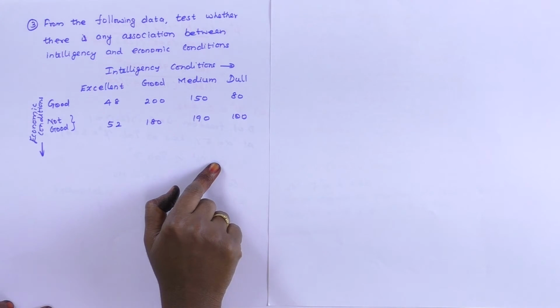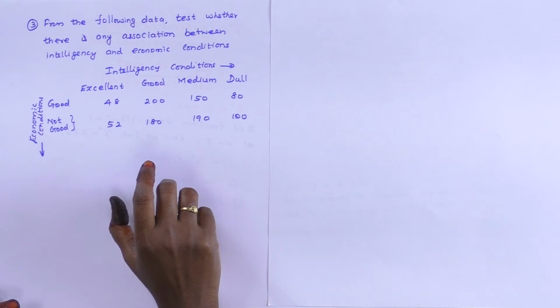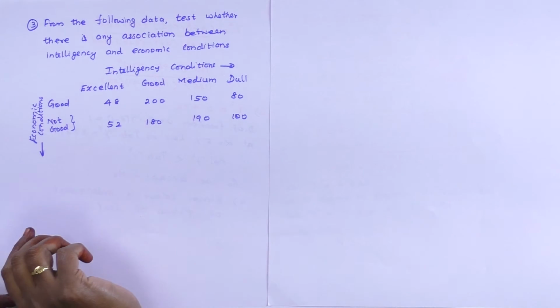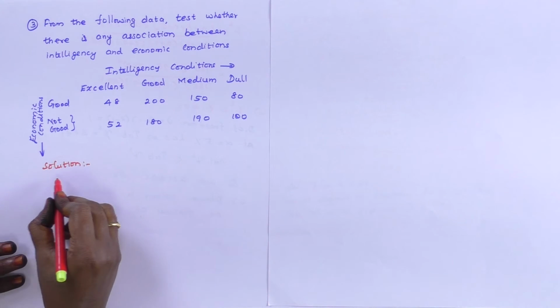So first we want to calculate the expected frequency. Before that, we want to set up the null hypothesis and alternative hypothesis and the level of significance.